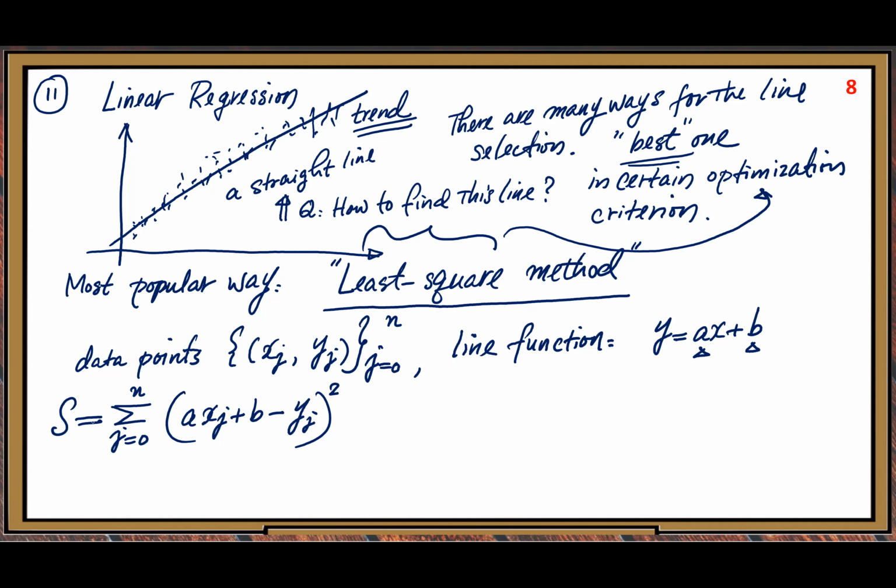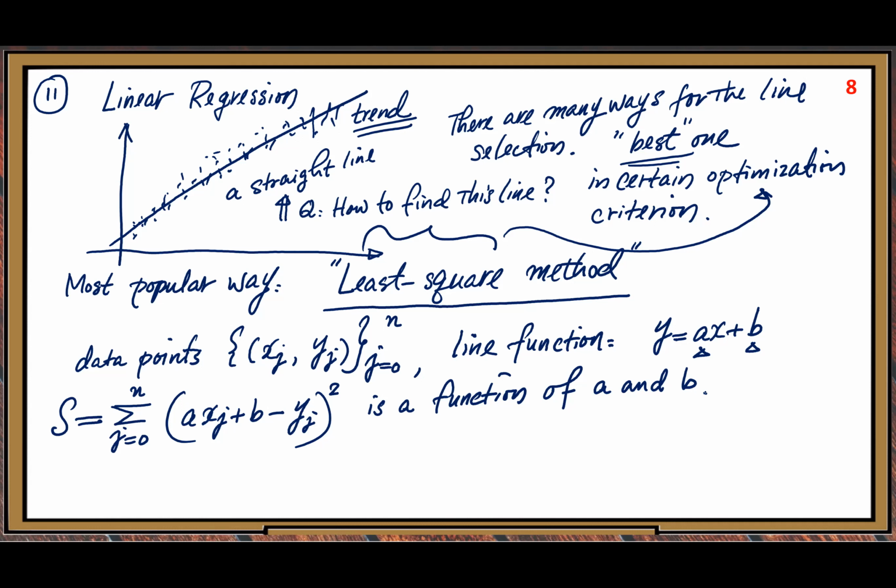You can see S is a function of two variables, A and B. So you can change A and B values. When you change A and B values, S takes different values.